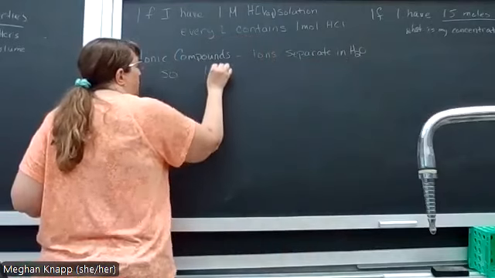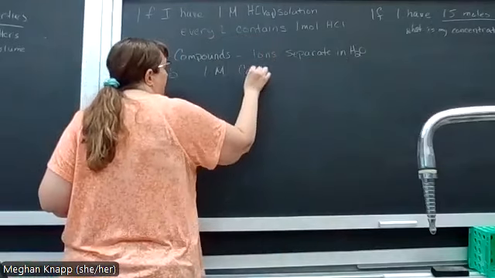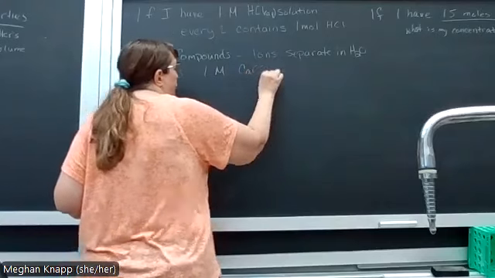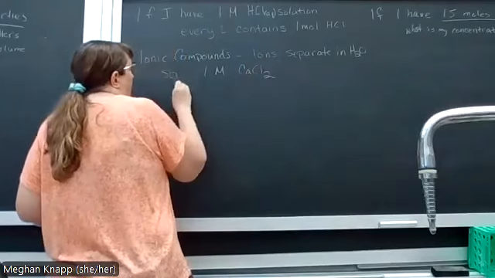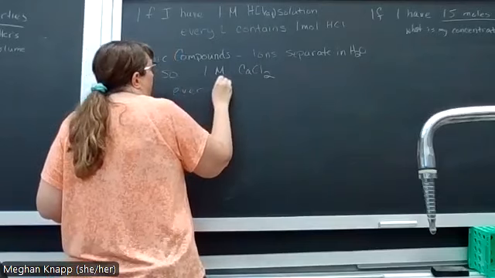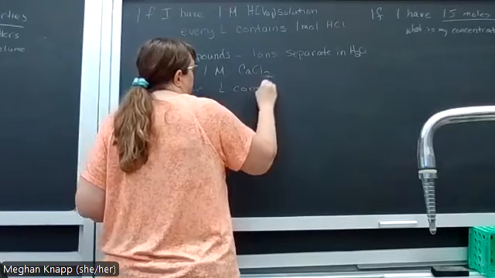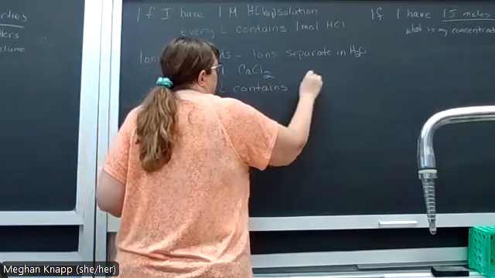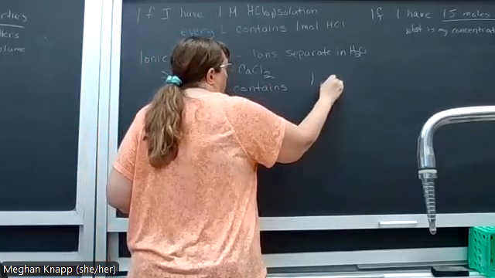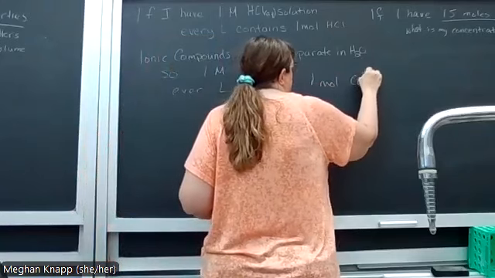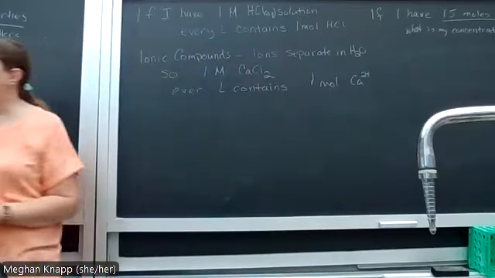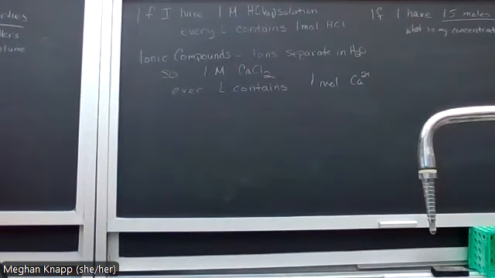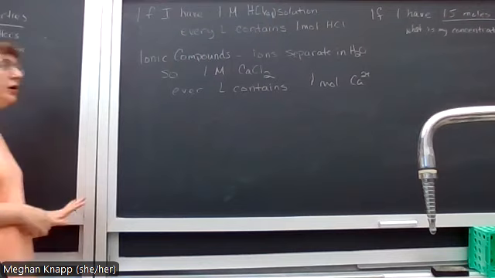So a 1 molar solution of CaCl2, every liter contains 1 mole of Ca2 plus, okay? And those ions, which would be like an atom with 2 electrons ripped off, are completely surrounded by water. There's no chlorine touching it at all. They are completely separated from the chlorine.